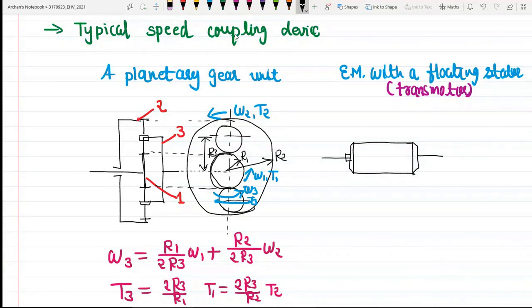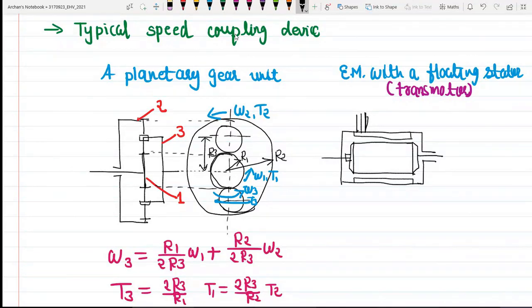Then this motor is protected with the help of some body, like this. And it is being supplied by 3-phase supply. Okay. So this is a floating stator.